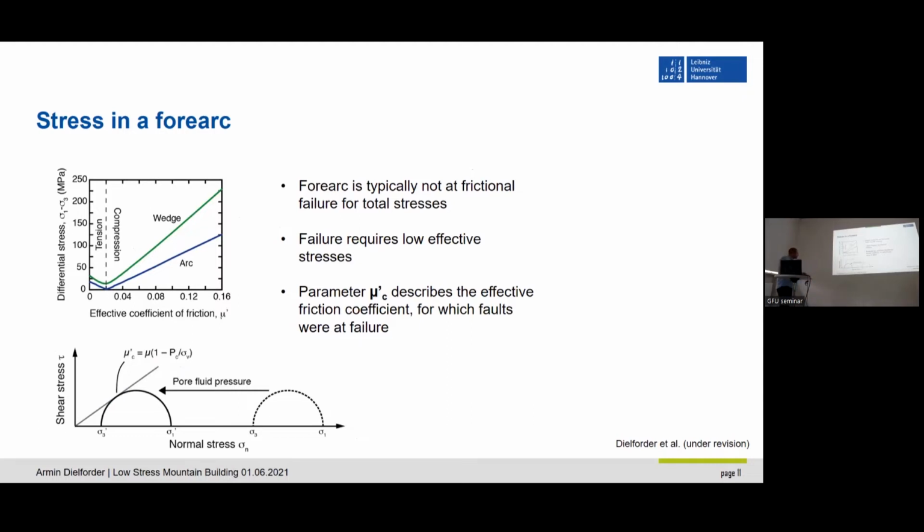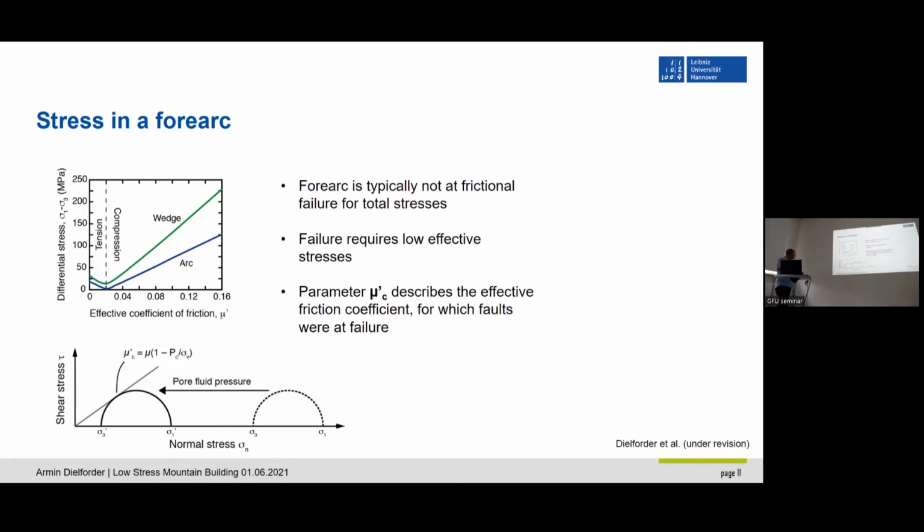This is illustrated here again in a Mohr circle diagram, where we have the normal stresses and the shear stresses. The circles indicate the differential stress. This would be the total stress. This is the failure envelope, and failure occurs only if we touch this line. And this is our state of stress, and we need to reduce the effective stress, which is commonly explained by the effect of pore fluid overpressure.